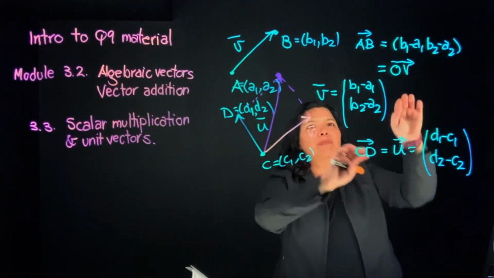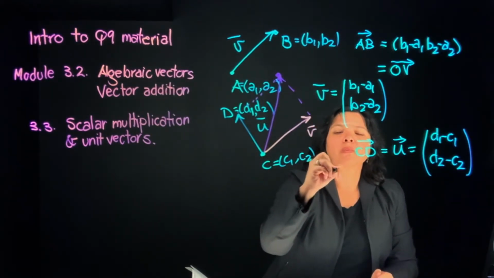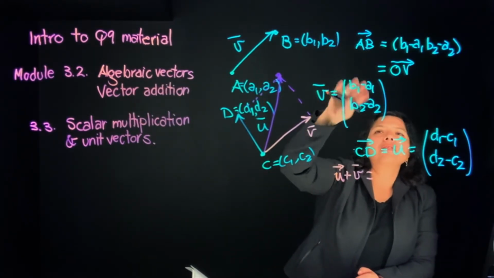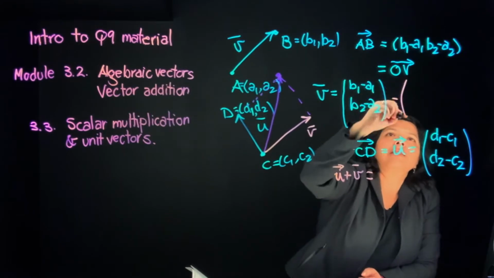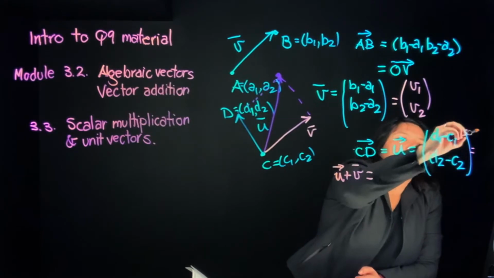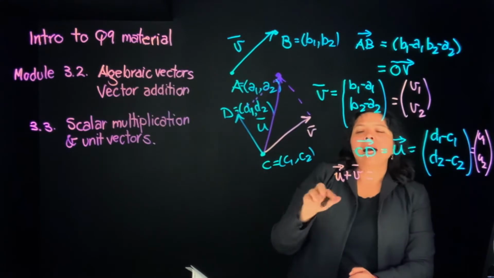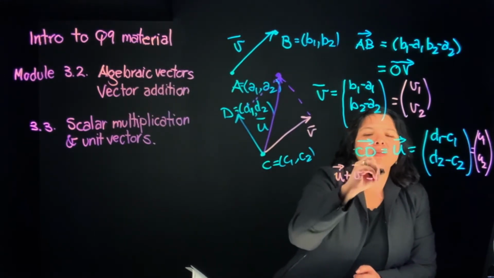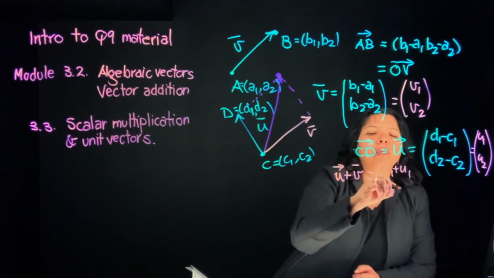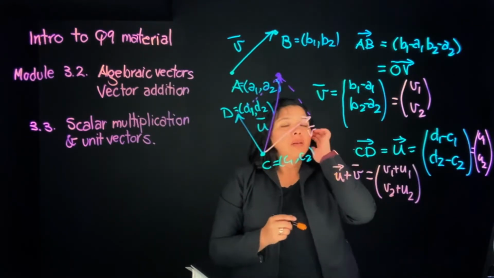Algebraically, once I have them in this form, my U and V, U plus V just corresponds, let me rename this because I don't care anymore about my C's and my D's, so let's call this V1, V2, and let's call this U1, U2, and U plus V will correspond to V1 plus U1, and V2 plus U2 in the second entry.